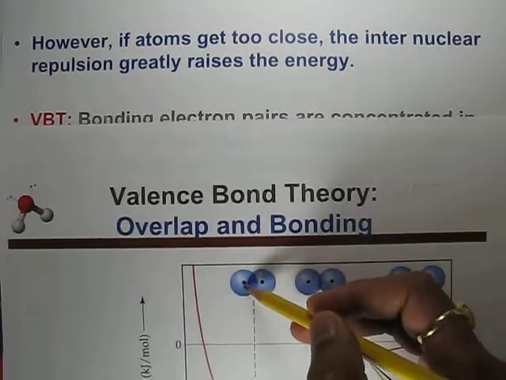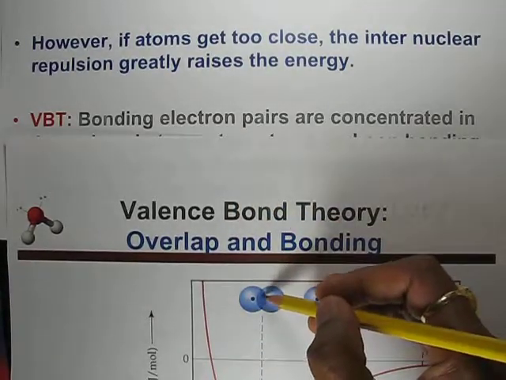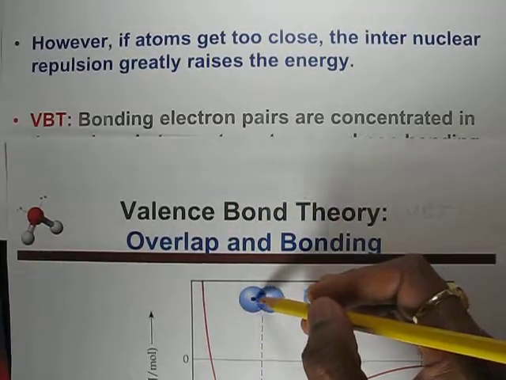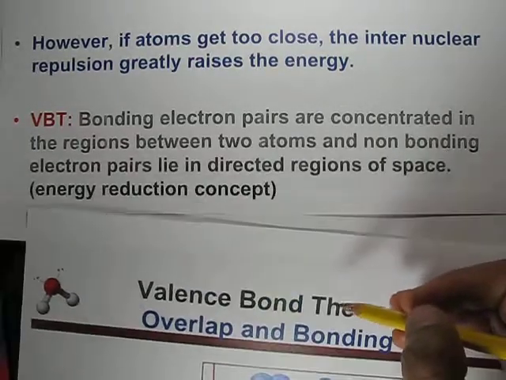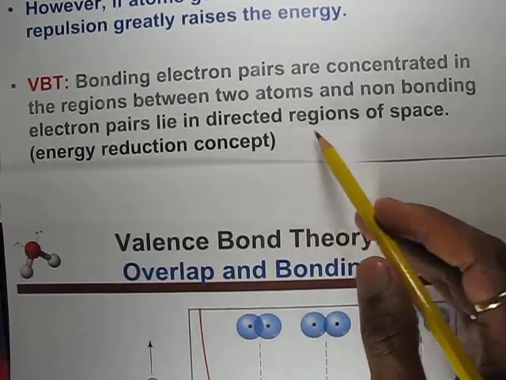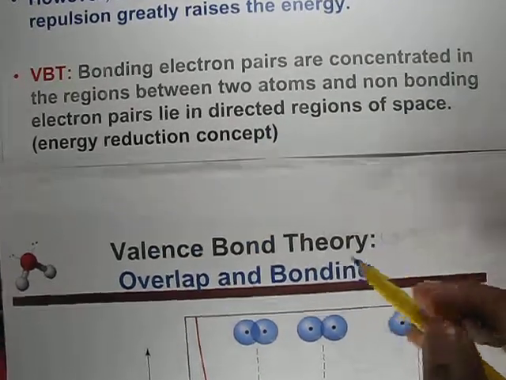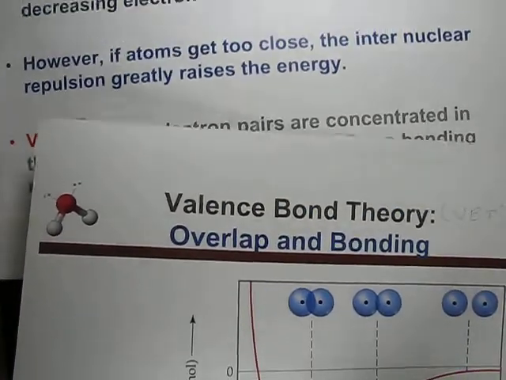So these are the two atoms, and the bonding electron pair remains between the two nuclei, while the non-bonding electron pair lies away from these bonding electrons.